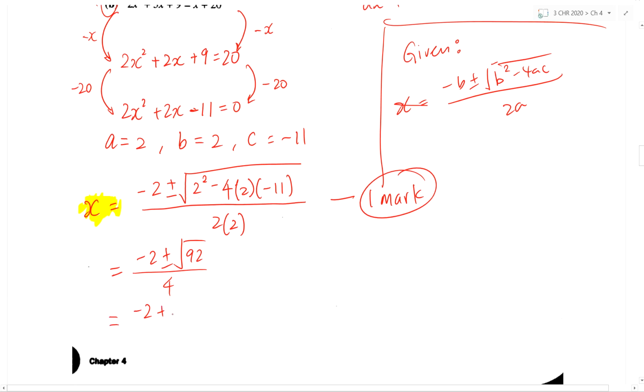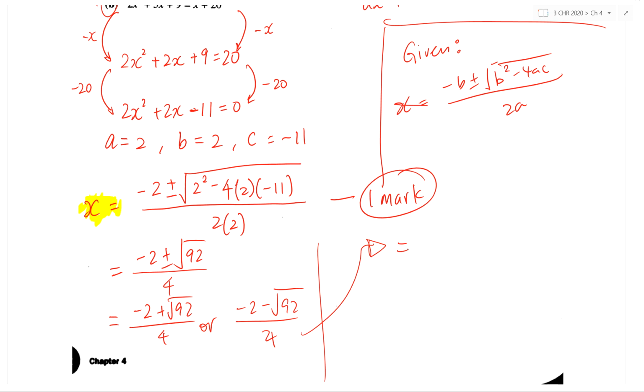Minus 2 plus square root 92 over 4, or, okay, so substitution, fraction, minus 2 plus root 92 divided by 4, 1.8979.